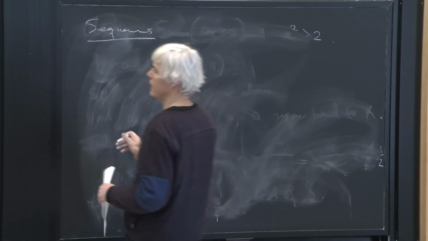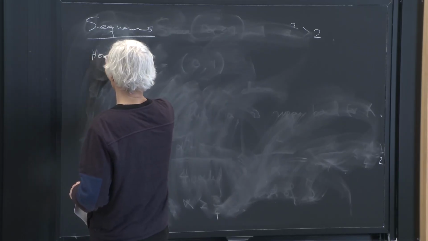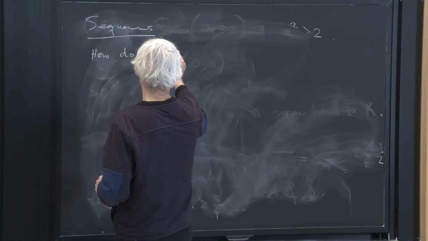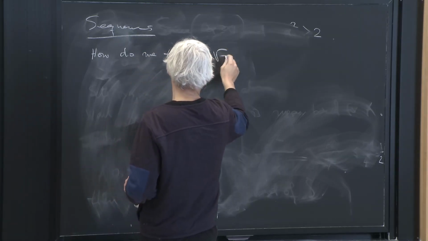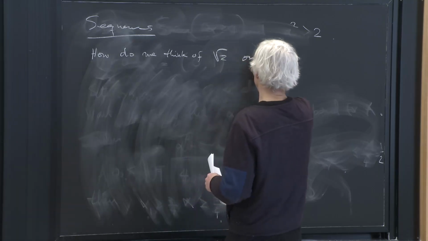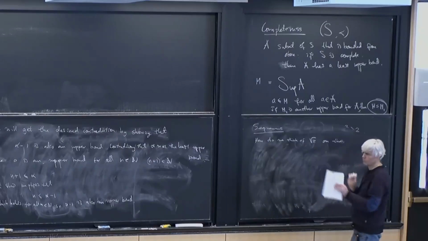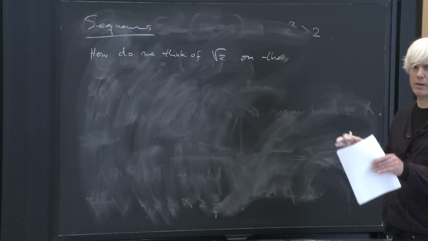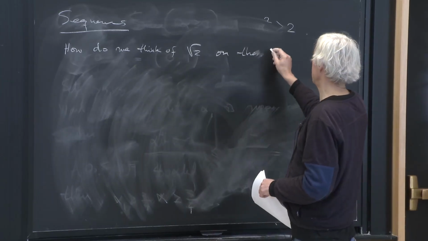How do we think about square root of 2 on the real line? The way to think about square root of 2 is what we did here, that it's this positive thing so that the square is 2, right?